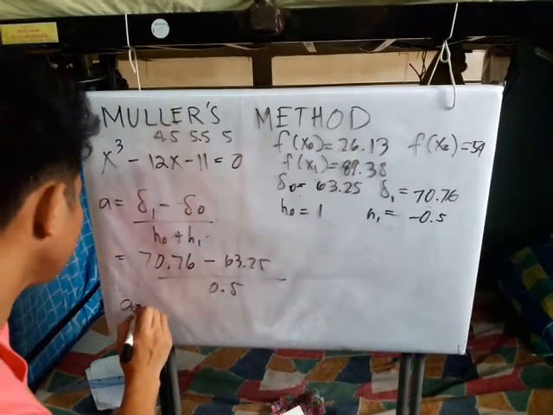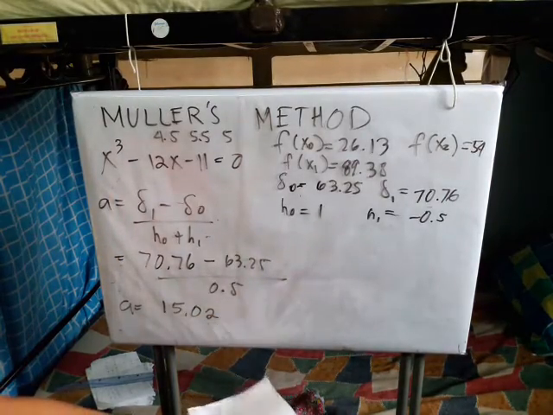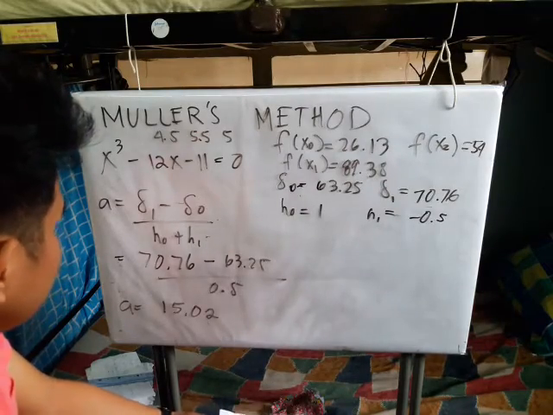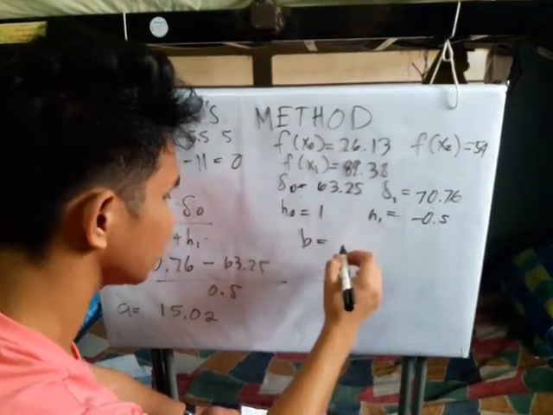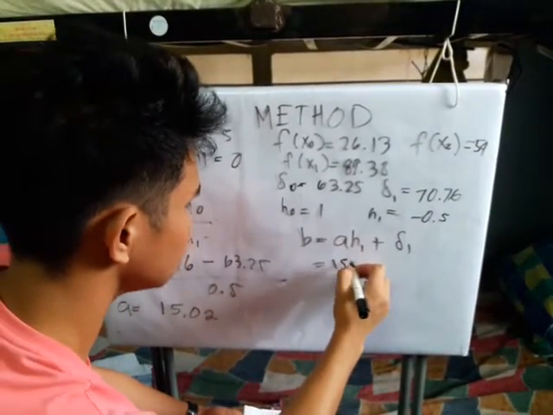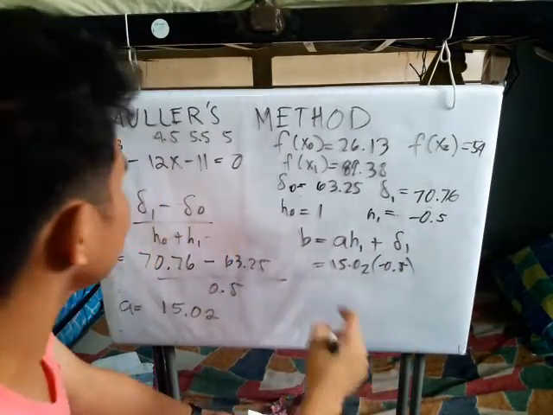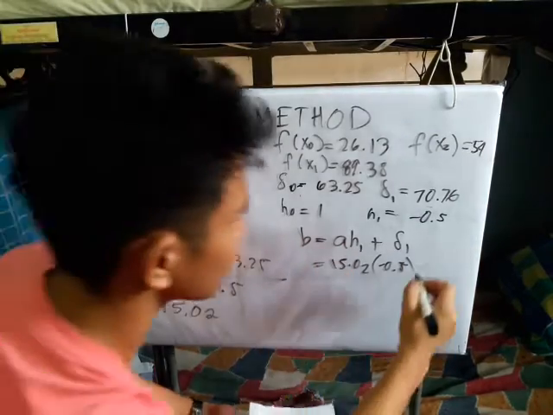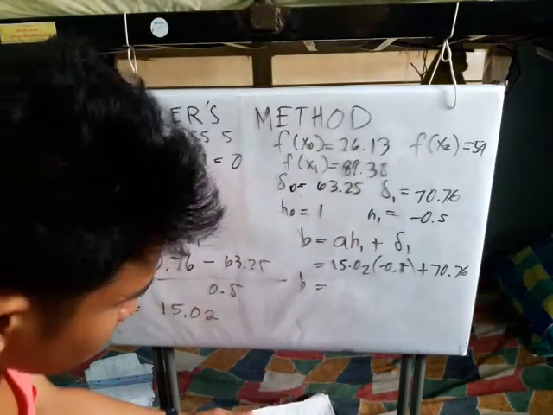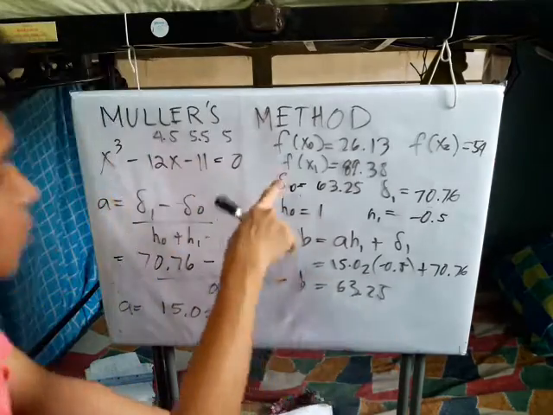So a is equal to 15.02. So we can find now the value of b. Value of b is a h1 plus delta 1, which is equal to 15.02 times the value of h1, negative 0.5, plus delta 1. Delta 1 is 70.76, so b is equal to 63.25.